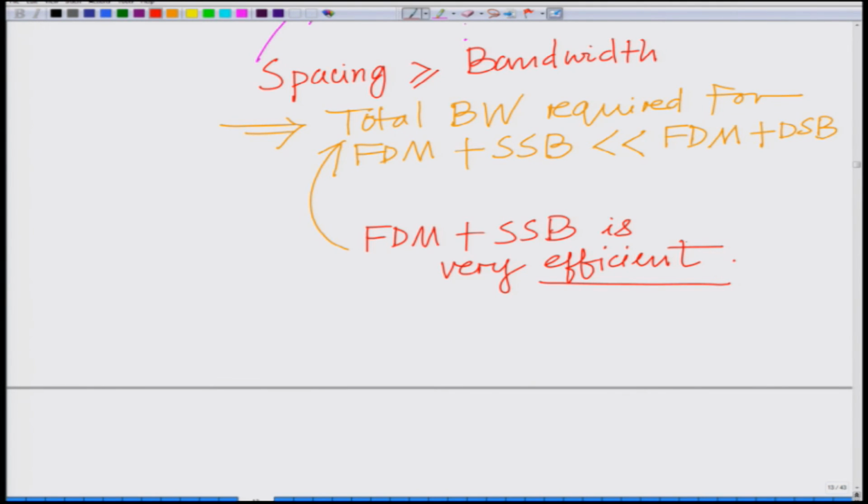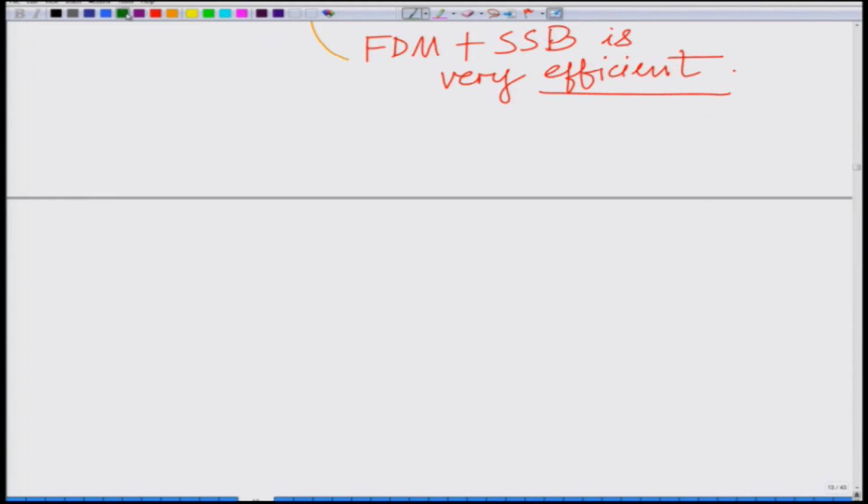Let us take a simple example of AM radio broadcast again. AM is amplitude modulation.